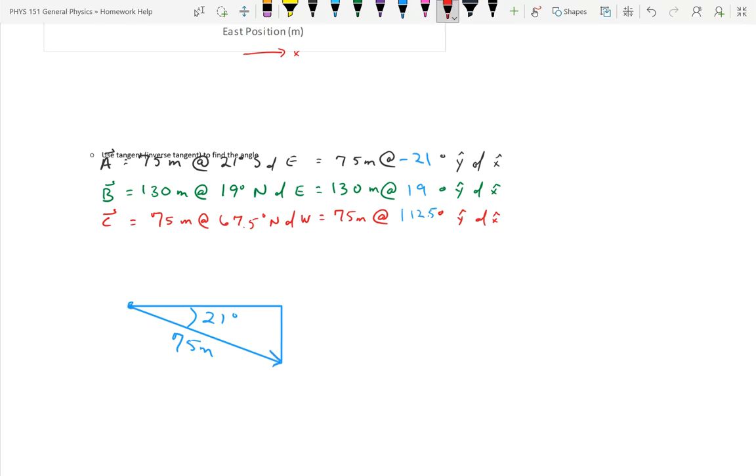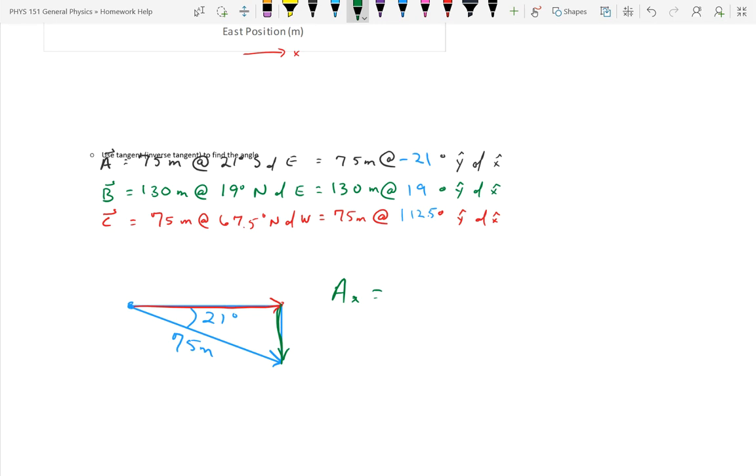So that means that my components go like that, and then like that. So now let's find the x component and the y component. So AX, is that the adjacent side or the opposite side? And I'm going to ask you how you know after people answer. Adjacent. How did you know?